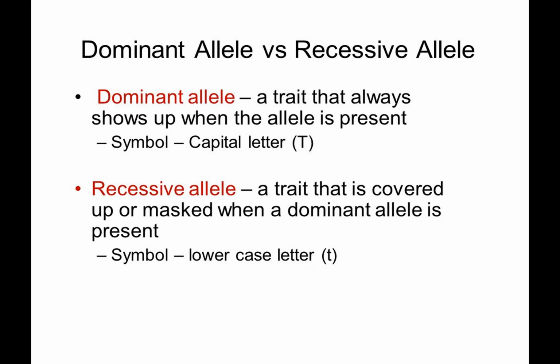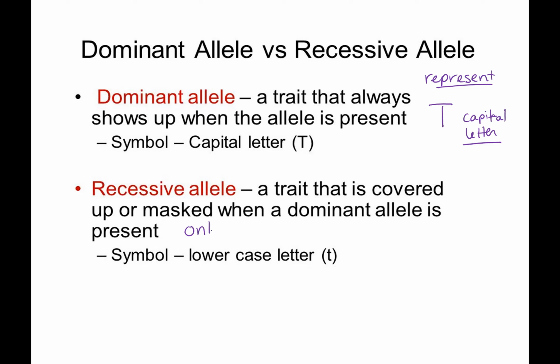Okay, here's our definition. The dominant allele is a trait that always shows up when the allele is present. So we represent dominant alleles by a capital letter. So when a dominant allele is present, you don't see the recessive, and I'll show you that in just a few minutes. The recessive allele is a trait that's covered up or masked when a dominant allele is present.